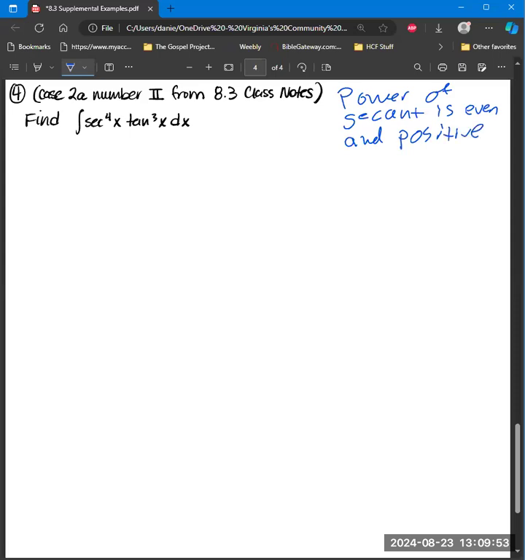So we have secant to the 4th x, tangent cubed x. We want to hold a secant squared x off to the side and let u be equal to tangent here. So let's have the other secant squared turn into tangents.